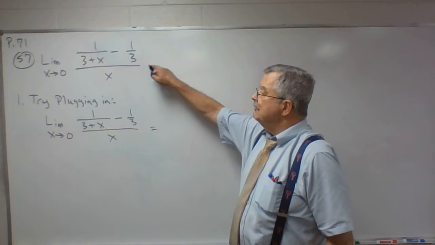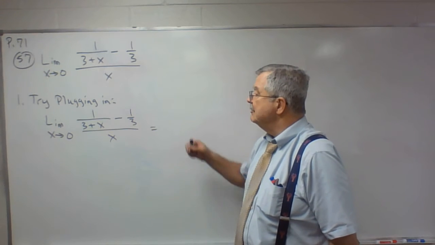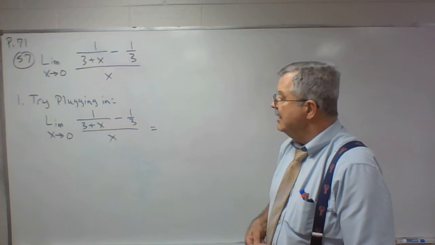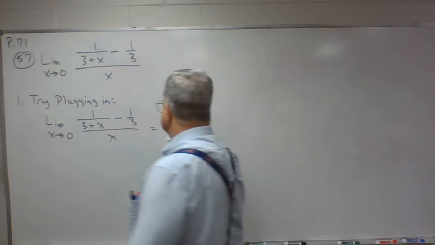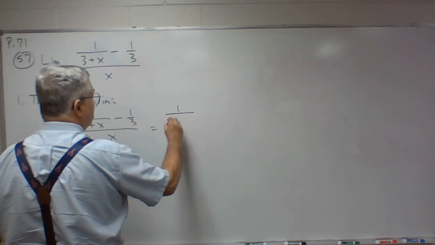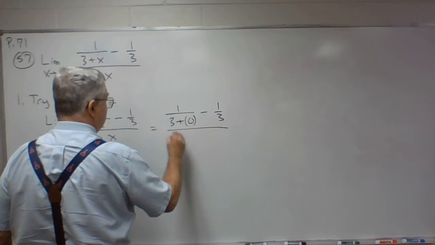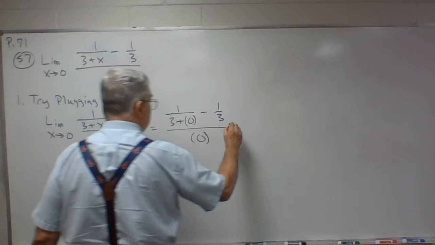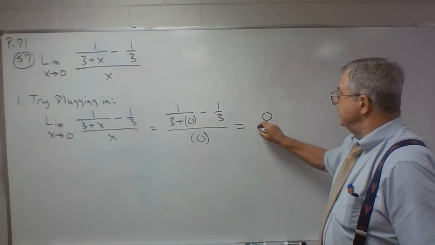We're computing this limit, and of course, the first thing that we attempt is plugging in. So every place we see an x, we plug in 0. And we get 1/3 minus 1/3 is 0.